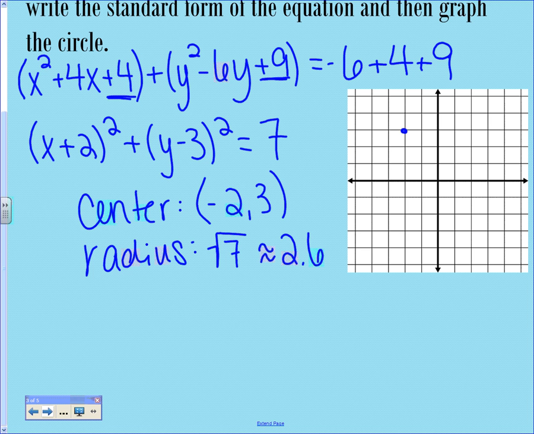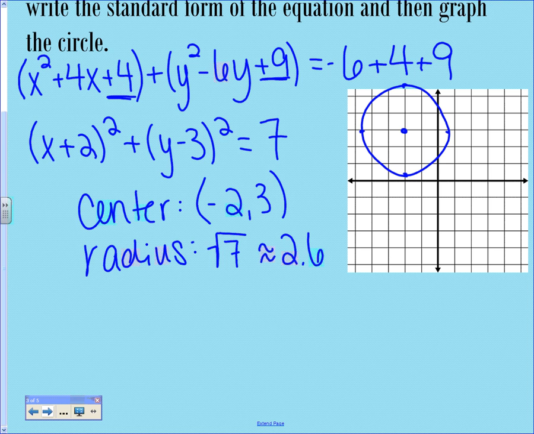How do we do our radius? You estimate 1, 2-ish, 1, 2-ish, 1, 2-ish, 1, 2. Pretty close. And then we draw our lovely circle. Do y'all see how that works?